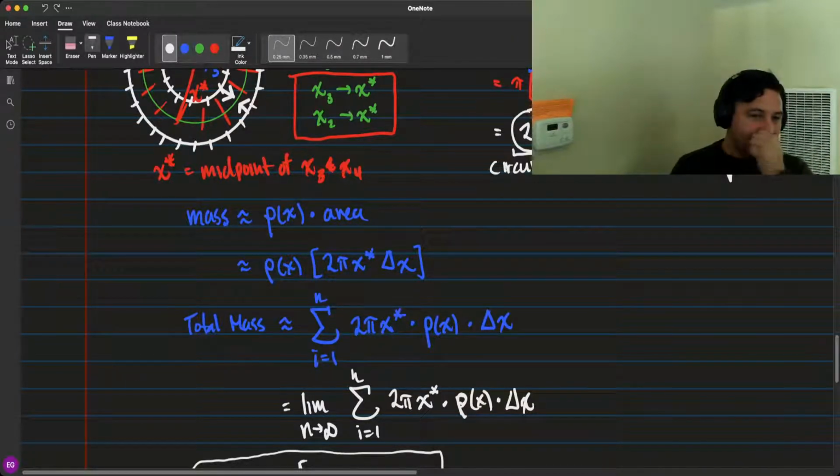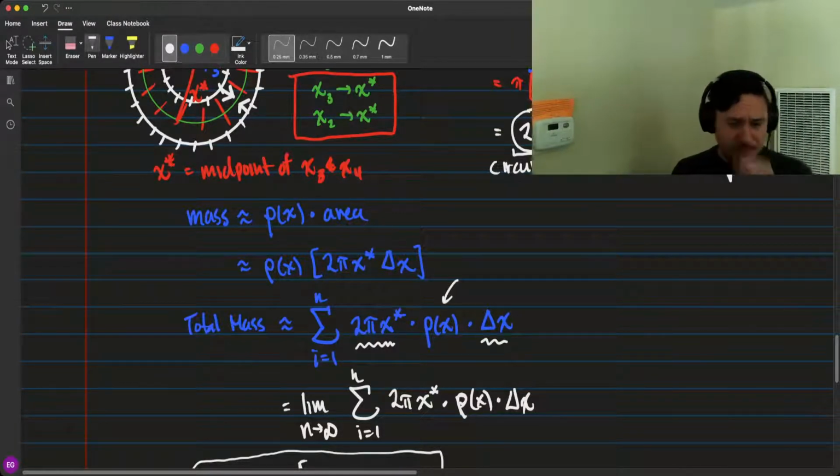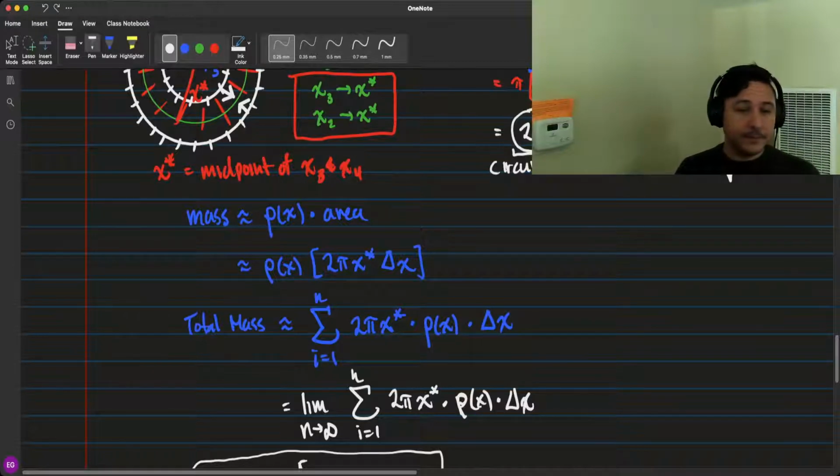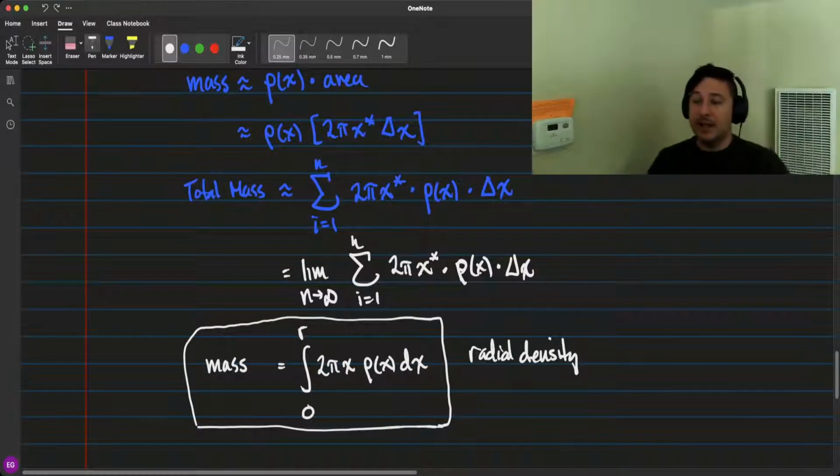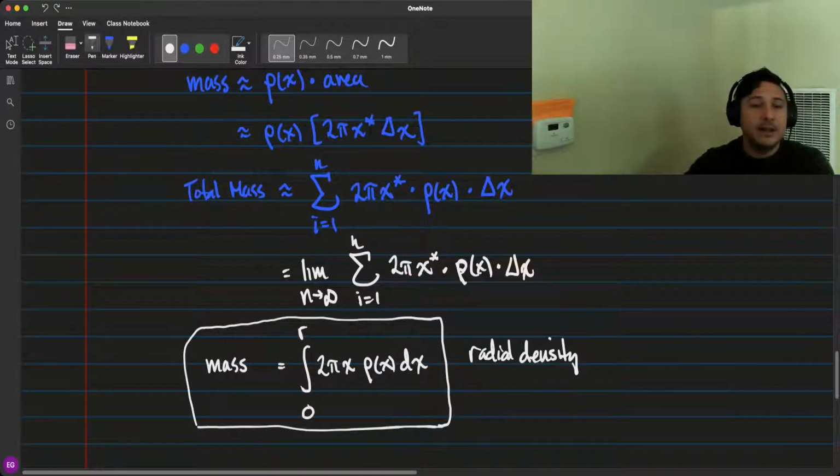Okay, which means our total mass approximately is going to be equal to the sum of that area times the density function. I just rewrote the terms around a little. And then you realize, well, instead of approximating that total area, I can take the limit of it, which will give me a definite integral.